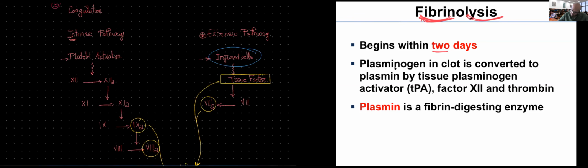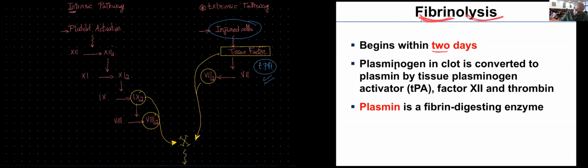So you're going to be forming tissue plasminogen activator once you've got an injury. Also, factor 12 is going to be enhancing the blood clot degradation and lysis.